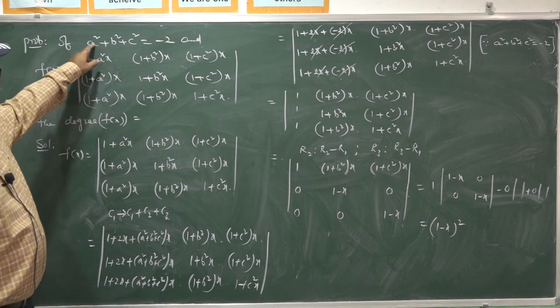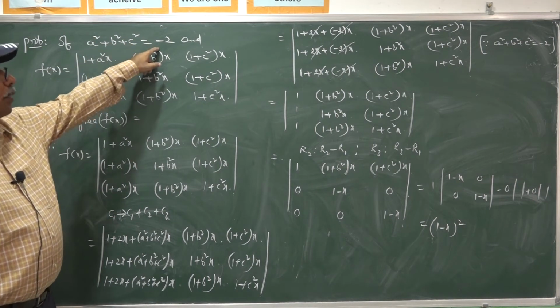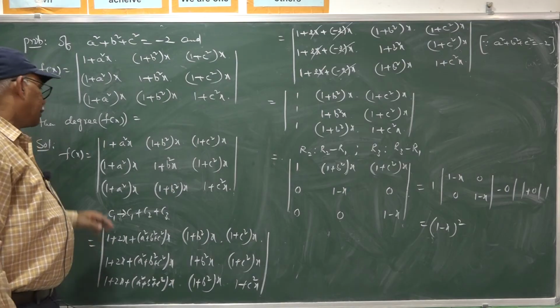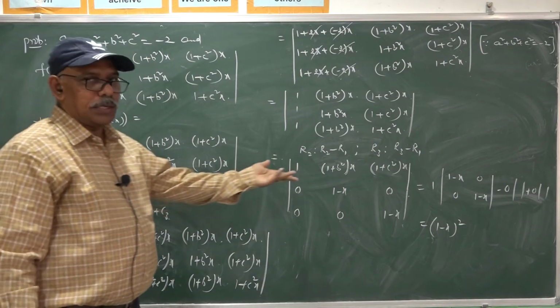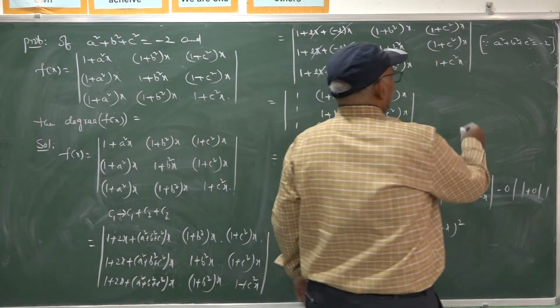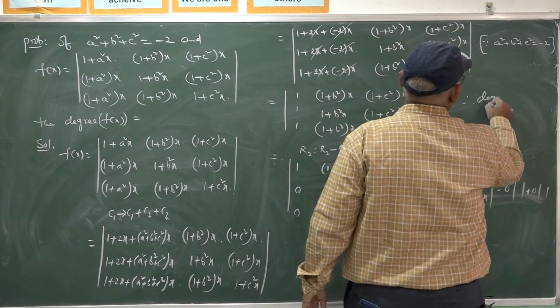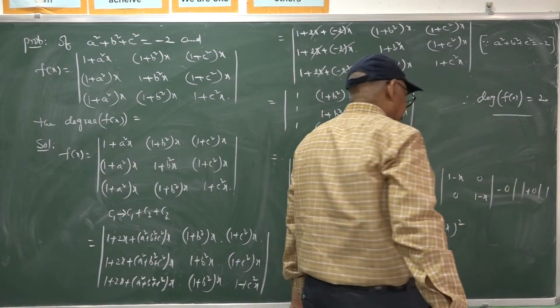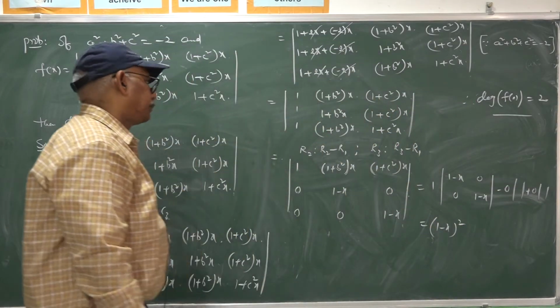Hence the required determinant, once a square plus b square plus c square is minus 2, is 1 minus x whole square. So the degree of f(x) is clearly 2. This is our problem.